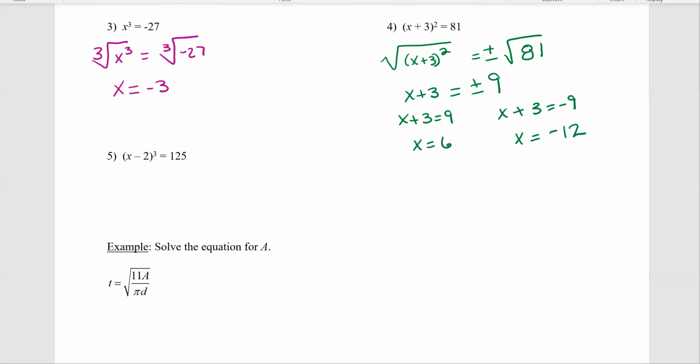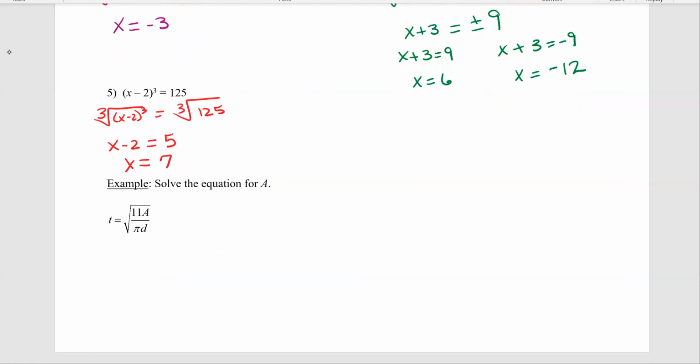Example 5, we're going to take the cubed root of both sides. Add 2 to both sides, and x is equal to 7. Our last example, we're going to solve the equation for a.